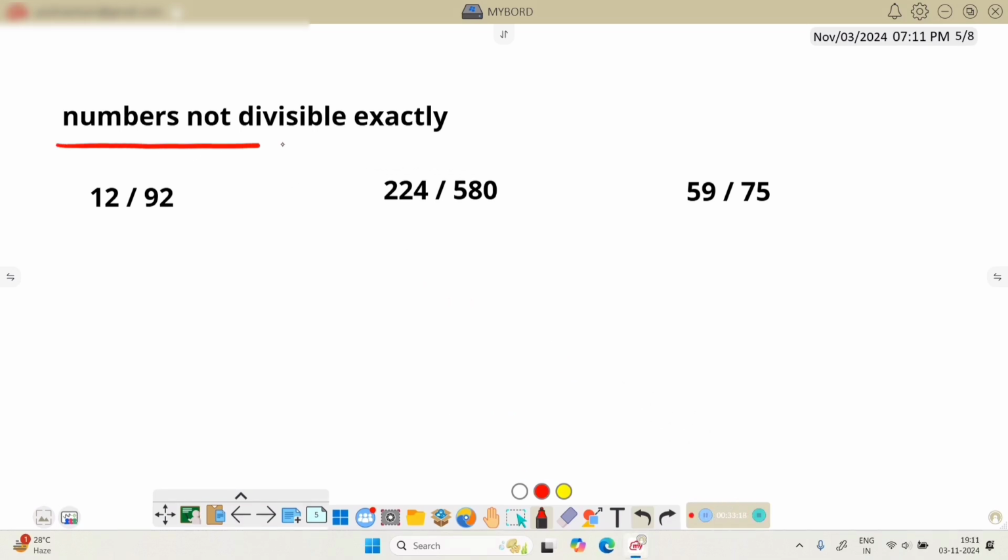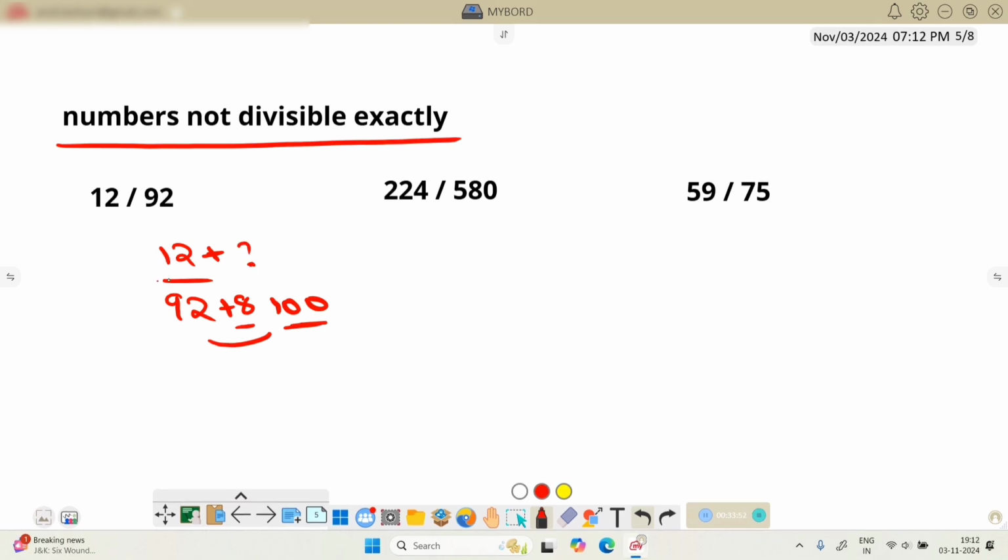See, for non-exactly divisible numbers, how you will do is, here they have given 12 by 92. Okay, so here 92 is nearer to 100, right? So if you add 8 here, you will get the base 100. Okay, so next if you add plus 8 here, here also you should add some number, no? So how will you know this number? See here 12 by 92.